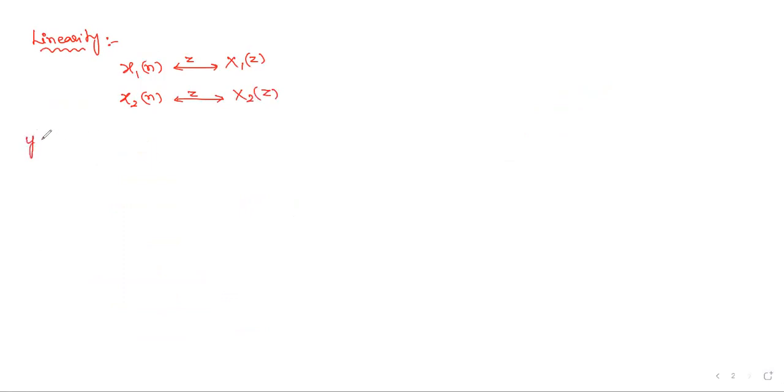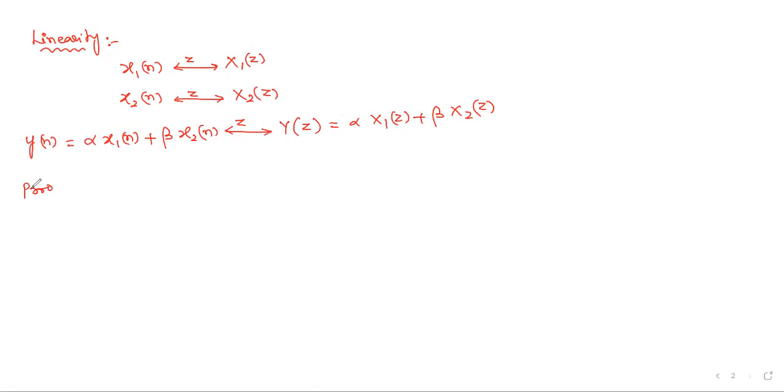Let y of n equal alpha times x1 of n plus beta times x2 of n. What is the Z transform? Y of z equals alpha times X1 of z plus beta times X2 of z. Now, how do we write the proof? How do we derive this? Simple.